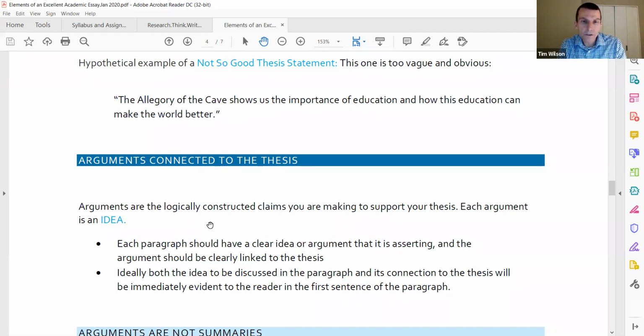Arguments are logically constructed claims you are making to support your thesis. So each is an idea, okay? A paragraph or a couple of paragraphs is fleshing out that idea. And ideally, both the idea discussed in the paragraph and its connection to the thesis are evident, and ideally it's evident from the first sentence of the paragraph, okay?